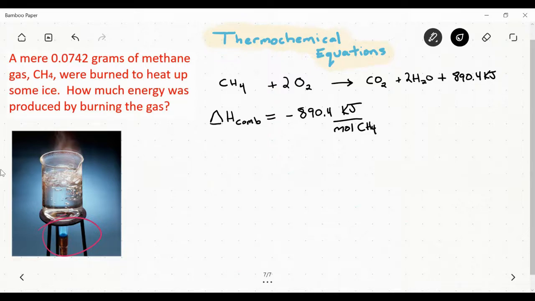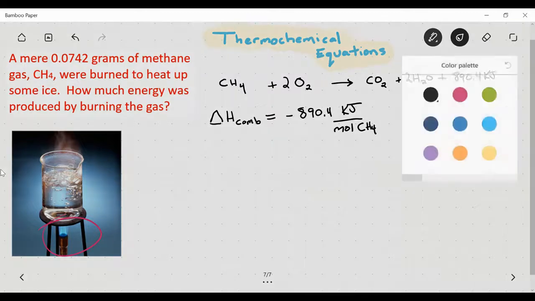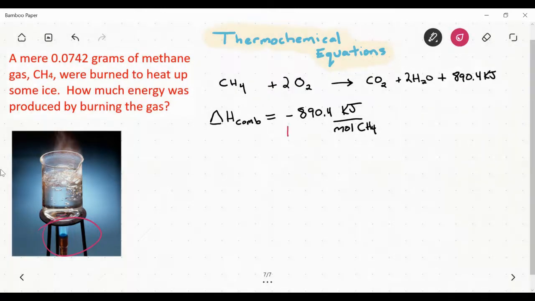What's somewhat confusing for students is, why is it that here in the data I have a negative sign, but here in the thermochemical equation I have a positive sign? Well, when it's published as a standalone number, we need to indicate somehow that energy is being released.